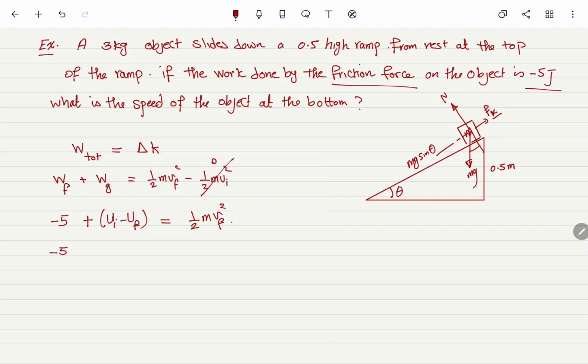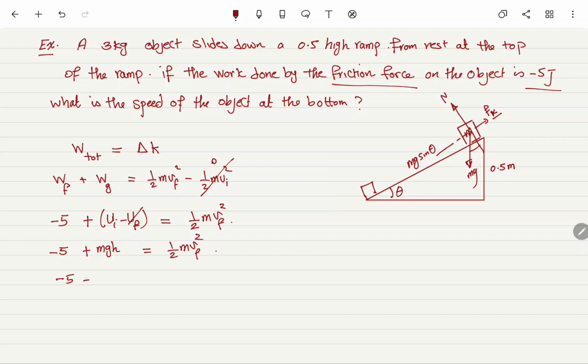So minus 5 plus U initial, which is mgh, and U final is equal to 0 because the height of the object at the final position is equal to 0, equal to half m v final square.